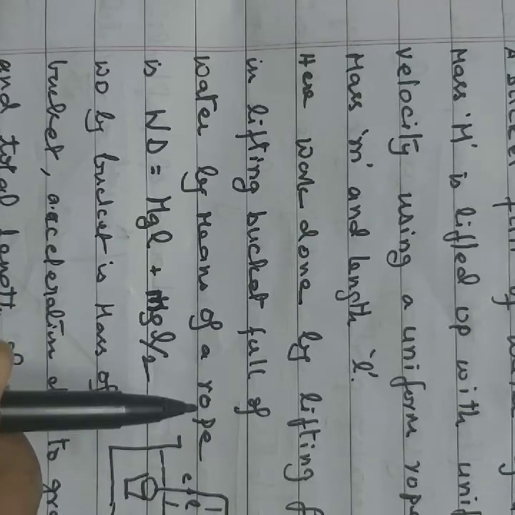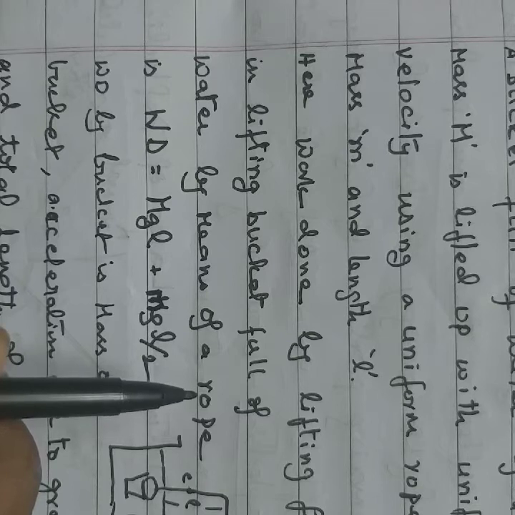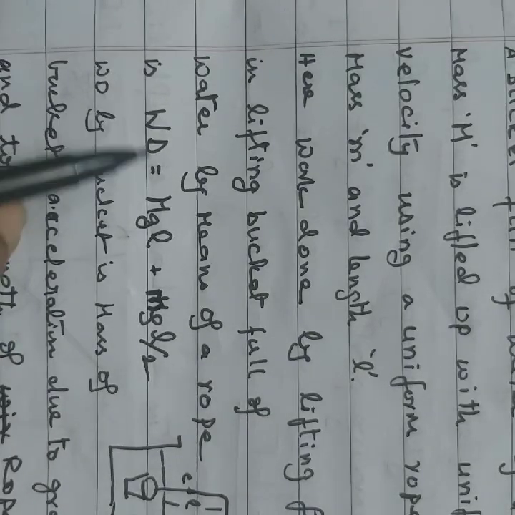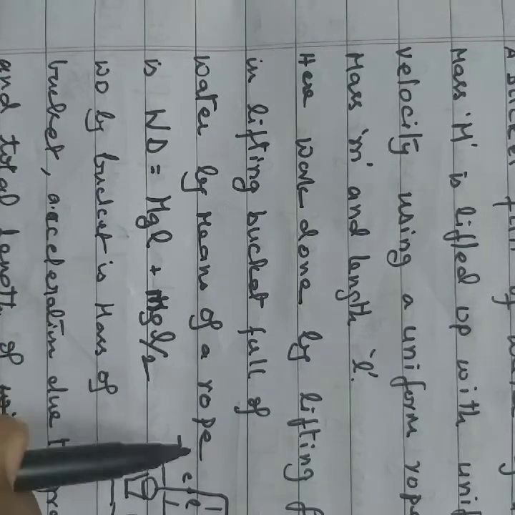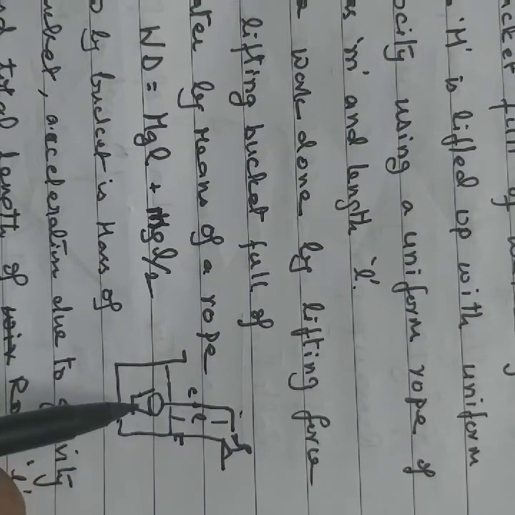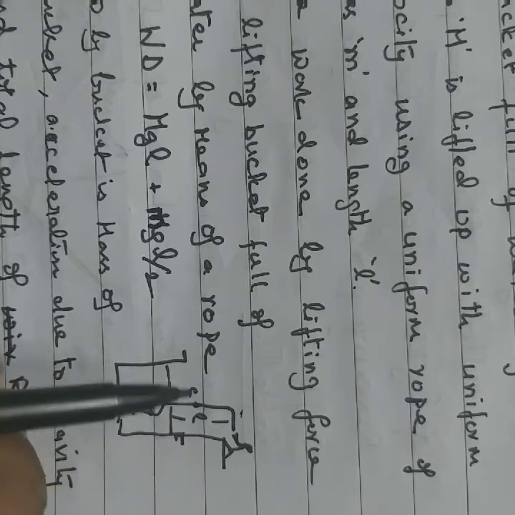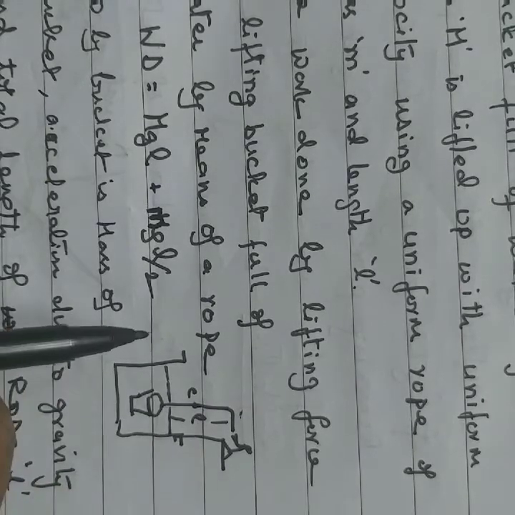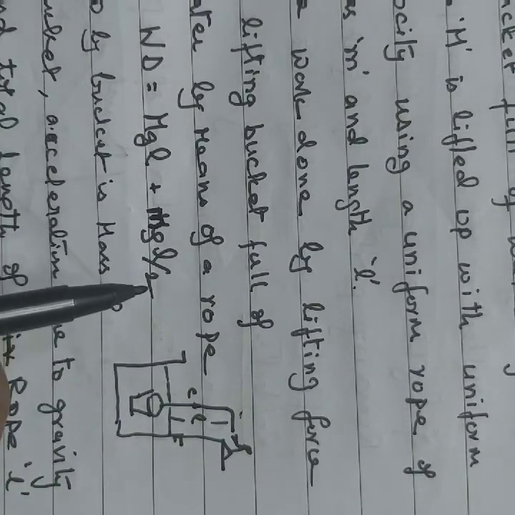That means the rope is also lifting, the bucket is also lifting. So that work done is given by MGH. That means from here to here is the total length. This is the lifting height, MGH. That means in place of H we write L plus MGL by 2.